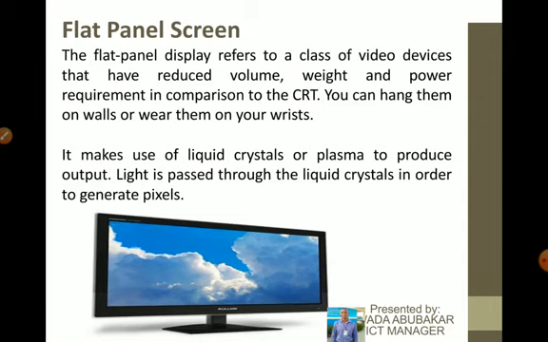You can hang them on walls or wear them on your wrist, looking at their sizes and shapes, unlike the CRT monitors that can only be placed in one place. It makes use of liquid crystals or plasma to produce output. Light is passed through the liquid crystals in order to generate the pixels, as you can see from the screen there.